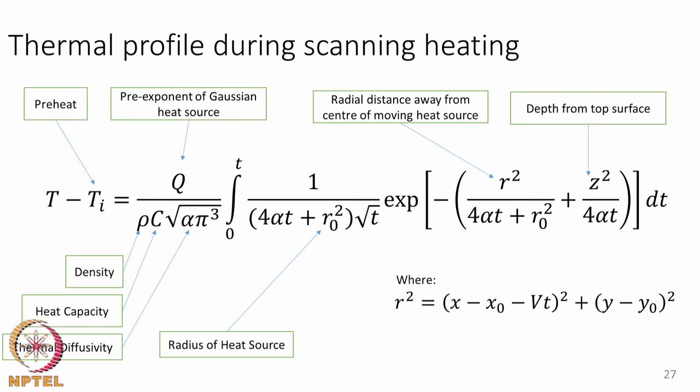You can see that the origin of the heat source has changed by that much, and that is the only thing that will differ in the solution. So, by plugging in the various values of the parameters, you can find out the heat profile at any x, y, z location within the block for a moving heat source which is Gaussian in nature.